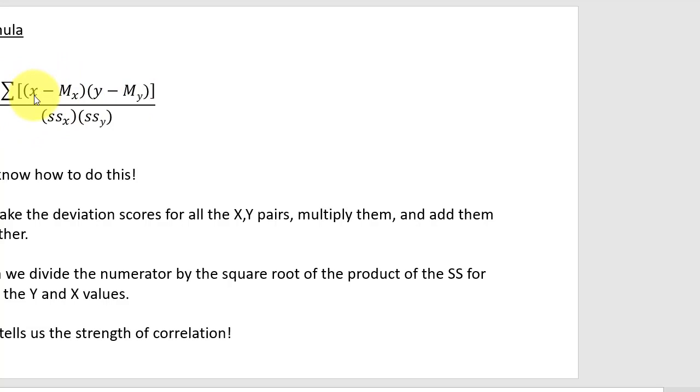We find out how far each X value is from the mean of all the X values. And then we find out what the Y value is minus the mean of all the Y values. Then we divide it by the total amount of variance, using the sum of squares in this case. We find out the total amount of deviation that each score is from the Y-axis, multiply it by the amount of deviation that each score is from the Y-axis, and that gives us our R coefficient.